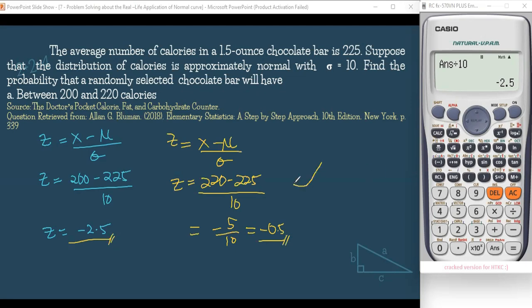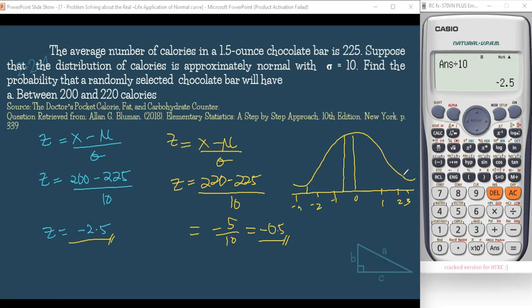And we are asked to look for the area between po these values. So kung ito po si 0, this is negative 1, this is 1, 2, 3. Negative 2, negative 3. So yung hahanapin po natin, this is negative 0.5 and negative 2.5.